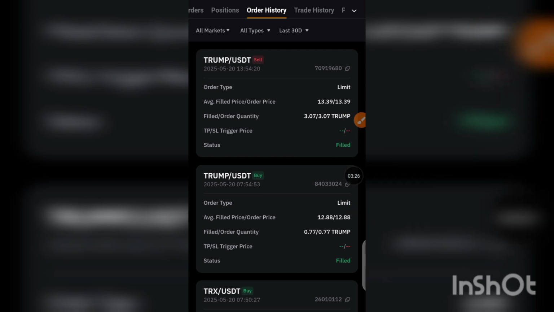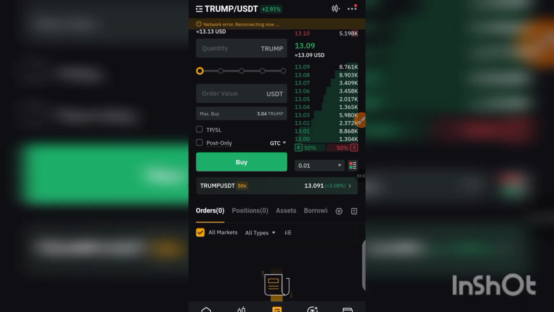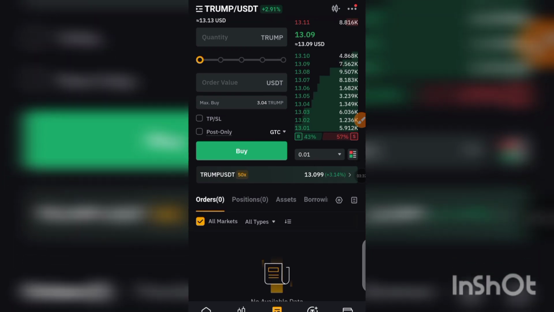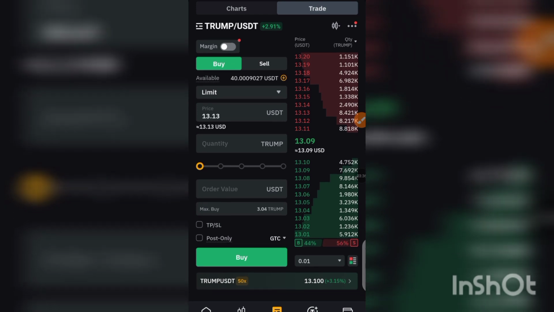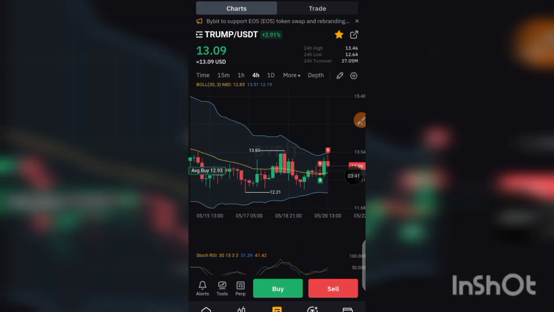So you can now check if I am profitable. If you entered this kind of trade with 300 USDT, you would be coming out with a minimum of 9 to 10 USDT in just one trade. So how did I do it? You come over to this chart.